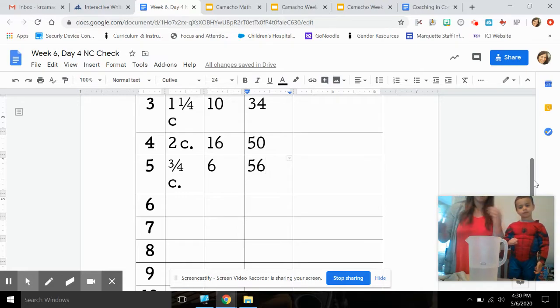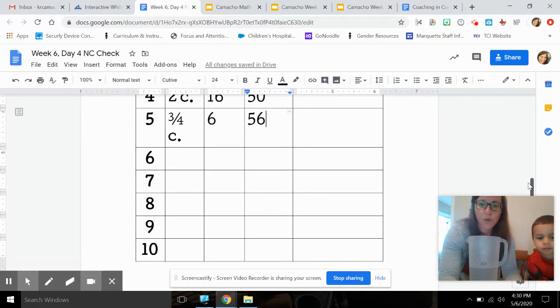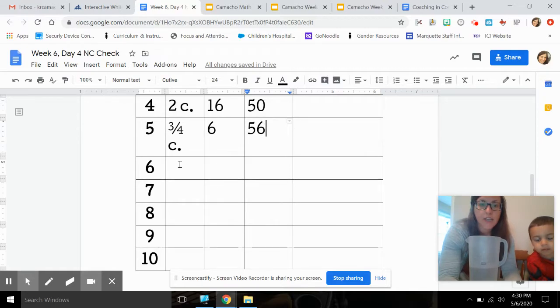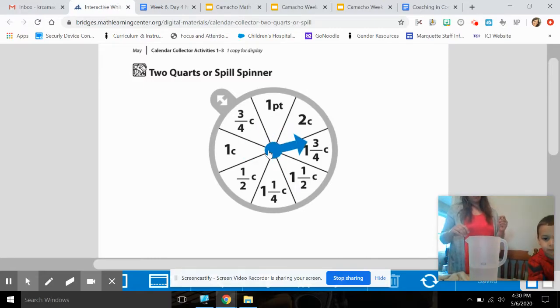Still not there. We are going to do one more for you, and then these last 4 we will spin for you, and then you will continue filling in the record sheet of how many fluid ounces it would be, and then what your running total is. So go ahead, Wyatt. We are at 1 3/4.